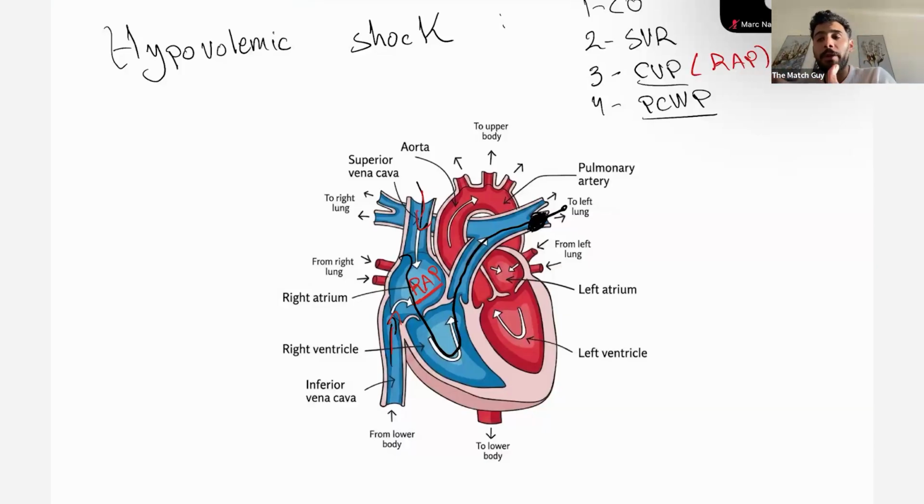That's why it's called the pulmonary capillary wedge pressure. It's called a wedge because we wedge the balloon inside of the pulmonary trunk, inflate this balloon, and measure the pressure after it. So we're only measuring the pressure in the pulmonary capillaries of the lung.